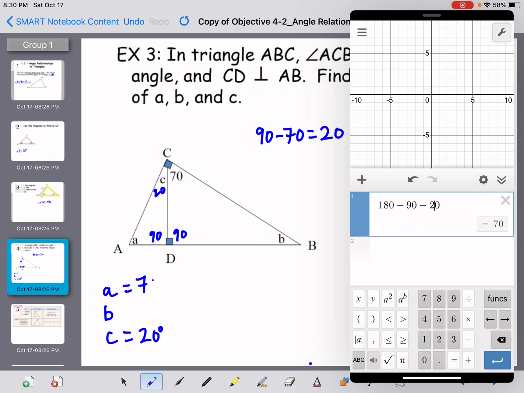So A is 70. And now, for the last one, 180 minus 90 minus 70, B is also 20.